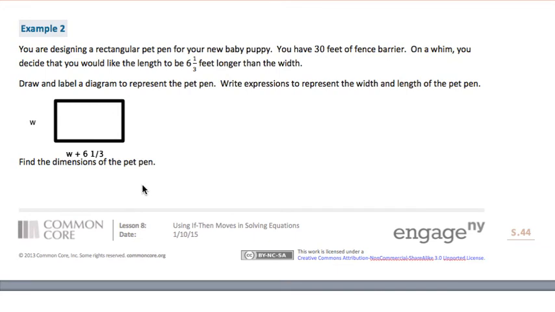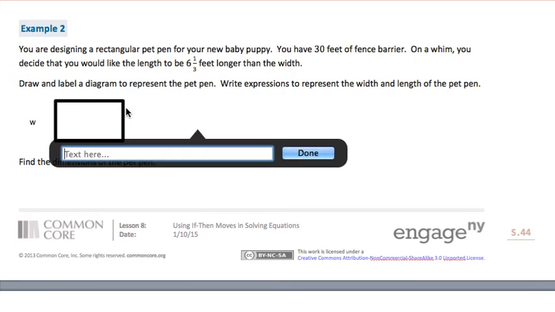So in order to find the dimensions, a pet pen would be a perimeter. We're going to have W plus W plus W plus 6 1/3 plus W and 6 1/3. And that whole quantity needs to equal 30, which is the amount of fence barrier we have.